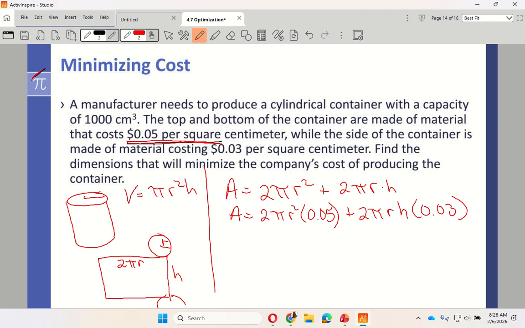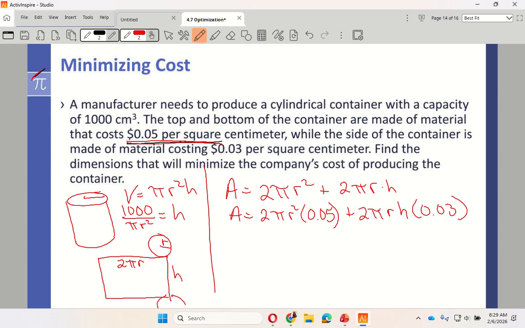So I know that my volume is 1,000, divided by pi r squared, is equal to my h. So I'm getting rid of my h and substituting with r's.